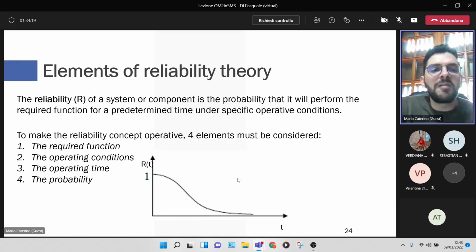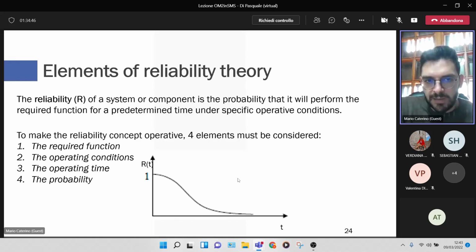Now, we need four main features to consider, four main aspects to make the reliability concept operative. These aspects are the required function that we ask of our system, the operating conditions, the operating time, and the probability.